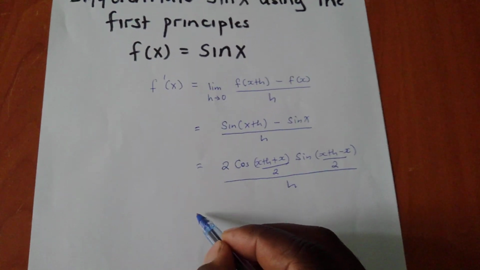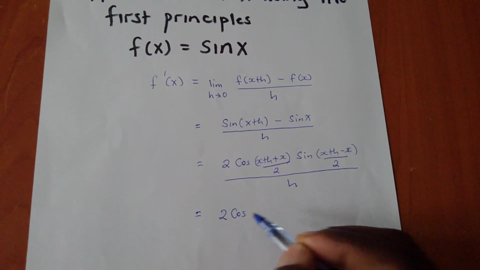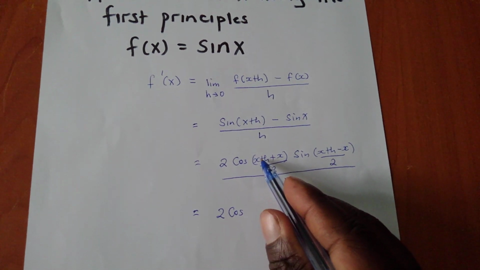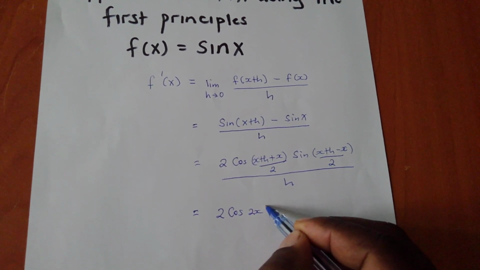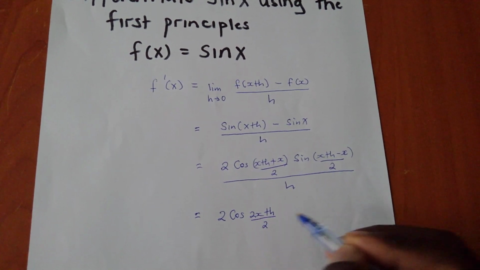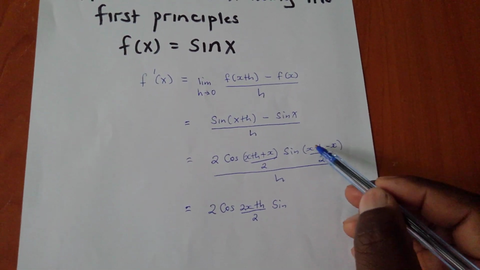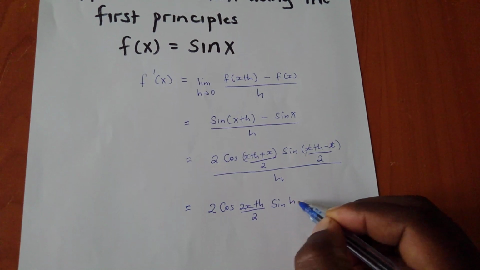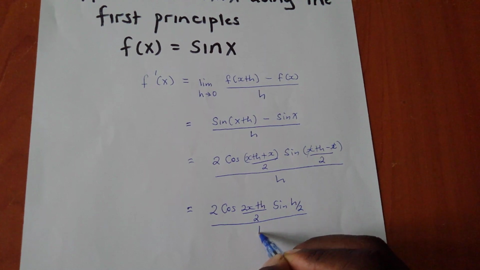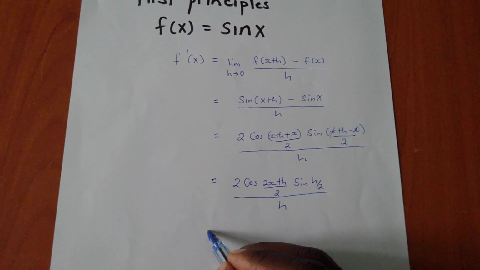Now if I go on to further simplify, I will have 2 cos, this is 2x, I hope you get (2x plus h), but everything over 2, and sine, this x will cancel this, I'll have sine (h over 2) over h. I hope you are still following and we are together.